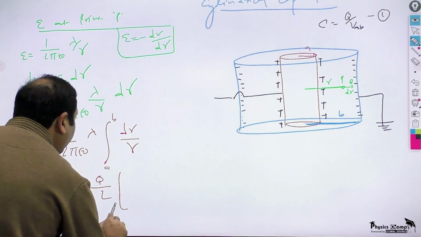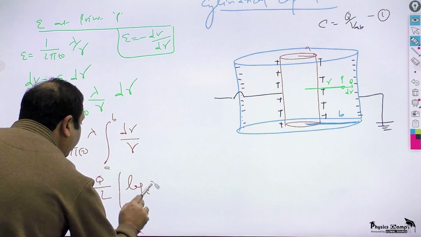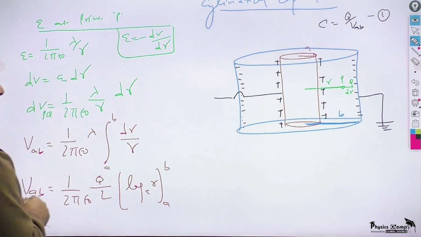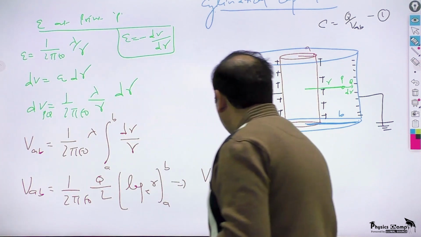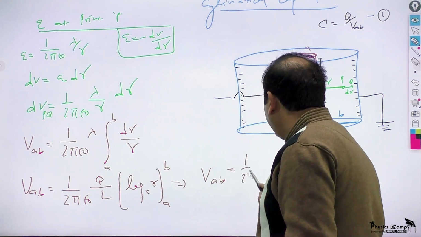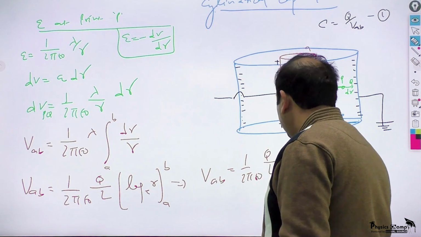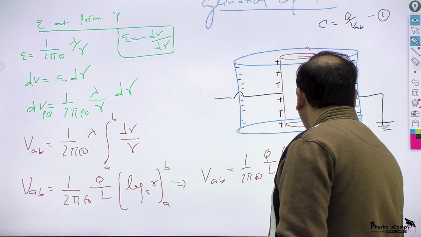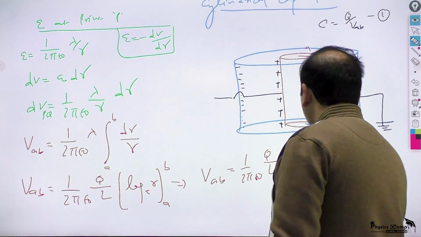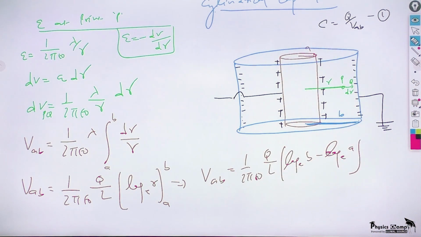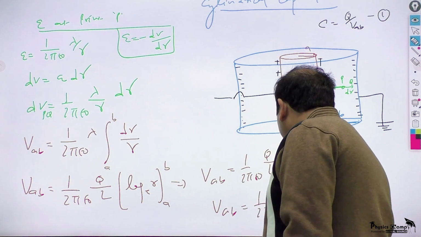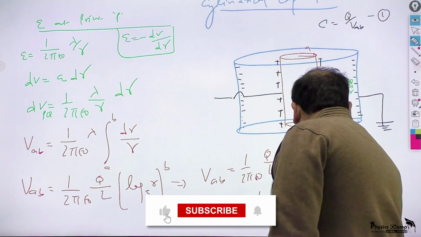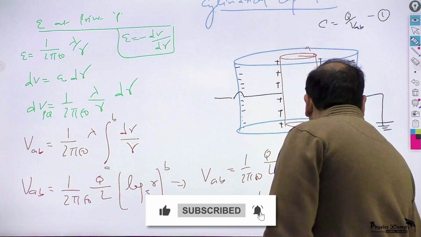And then integration of dr by r is log base e r. Limits are from A to B. So I am getting the potential difference VAB from here as 1 by 2 pi epsilon naught Q by L log base e B minus log base e A. So it is log base e B by A. So VAB comes out to be 1 by 2 pi epsilon naught Q by L log base e B by A. This is equation 2.